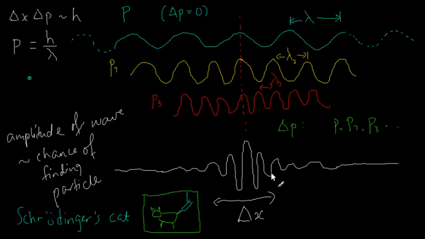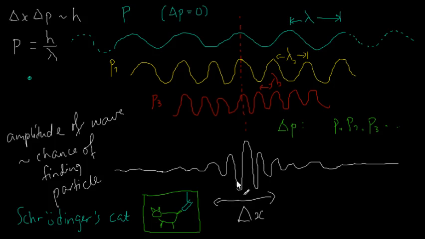Right, and conversely, we also understand that if you have a wave like this, it must at the same time be made up of all these different wavelengths added together. They're not gone, they're added together and they're part of this. A bit like the analogy that Schrödinger's cat is dead and alive at the same time.